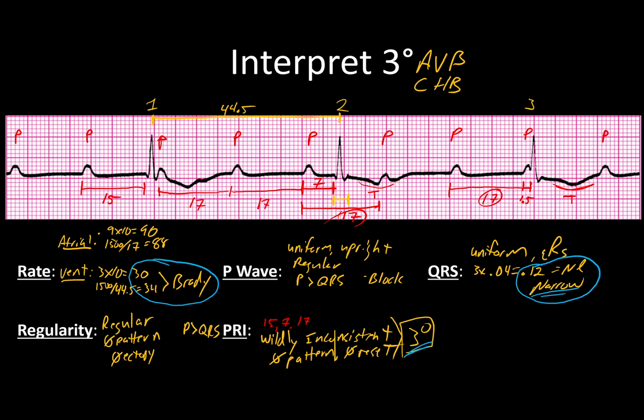But yeah, between the narrow and the rate fits, this is third degree AVB with junctional escape.